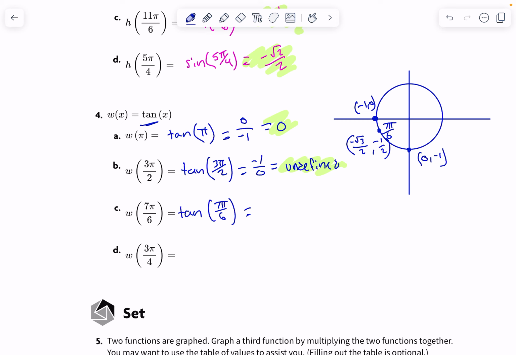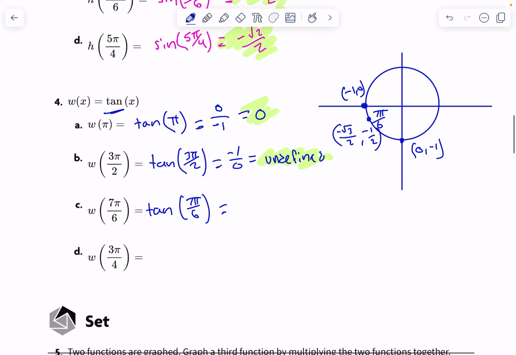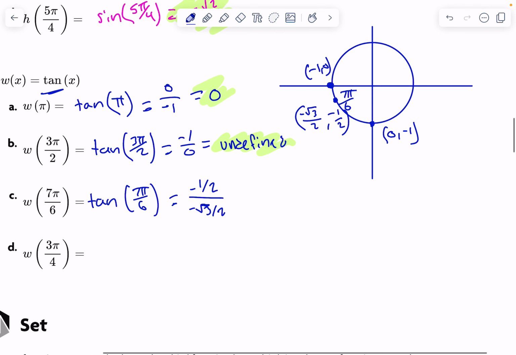Now tangent is going to be negative 1/2 over negative square root 3 over 2, right? So you can't forget how to divide fractions. So let's show our work: negative 1/2 divided by negative square root 3 over 2, so we can just multiply by 2 over negative square root 3.